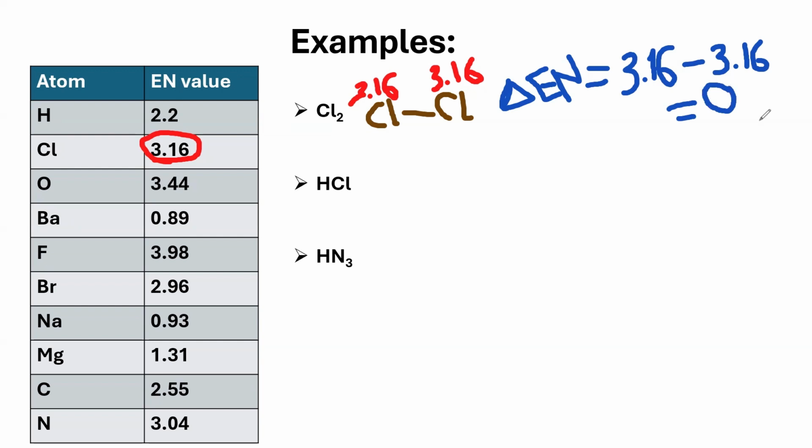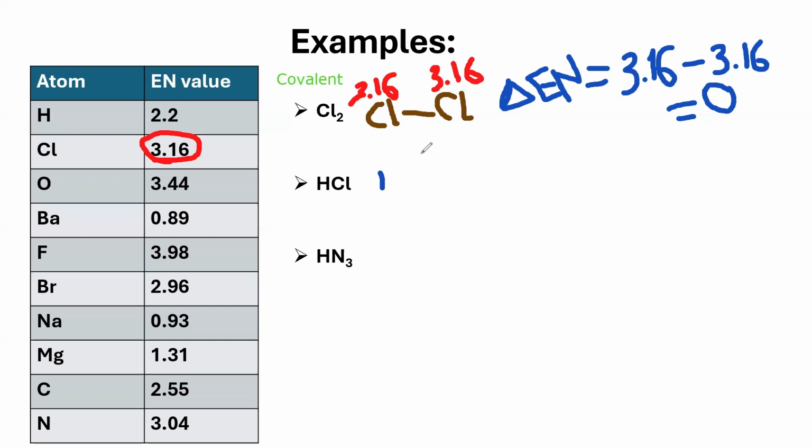And the value is 0, and 0 on our scale is a pure covalent bond. So this Cl2 is a pure covalent bond, or non-polar covalent bond.